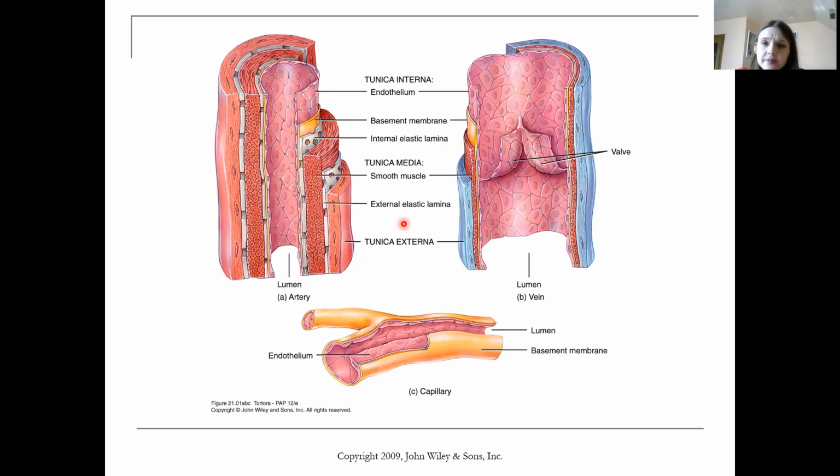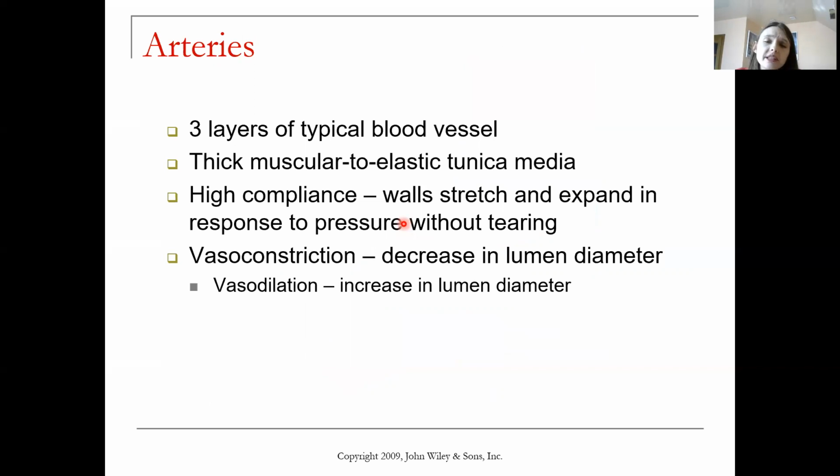Okay. So now let us talk in detail about the arteries. Arteries contain three layers as typical blood vessels. They have very thick muscular layers, that is why they are responsible for vasoconstriction and vasodilatation.